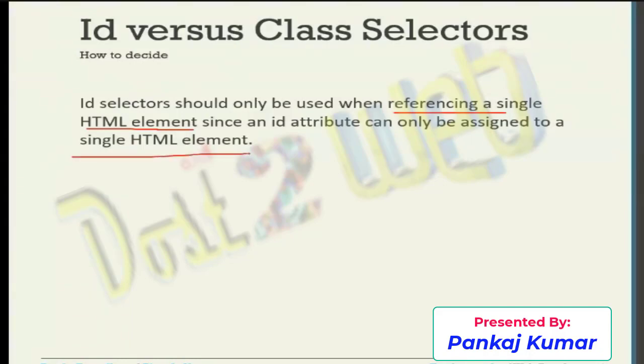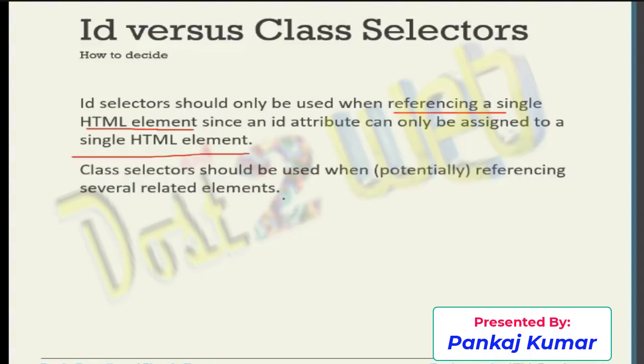You cannot define it for the paragraph inside the division, or a strong or span inside that; it will apply only on the division tag, as per the previous sample. We had paragraph or heading tags, but it will apply only on the div tag. That means the main use is where I'm going to apply it on a single HTML element.